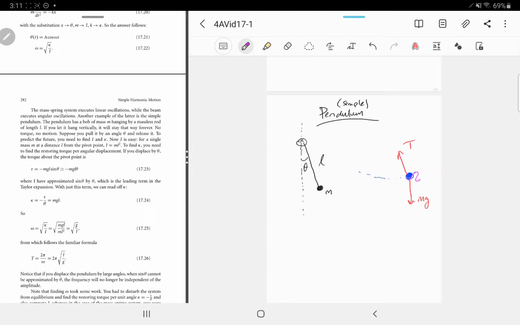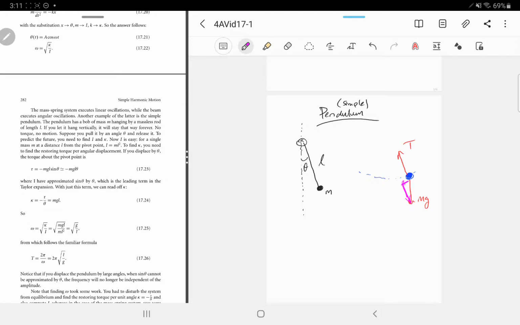Okay, so in other words, a nice thing to do is to split gravity into the component that's tangent to the motion and then perpendicular.